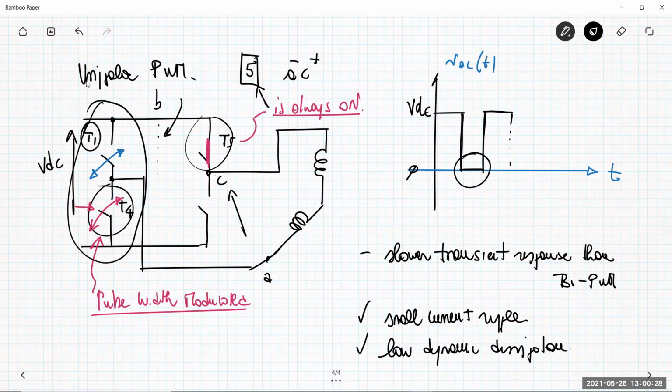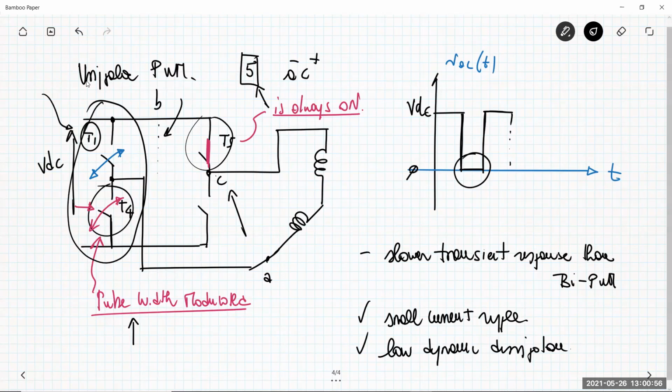the switches. For example, there is a situation in which, in my discussion here, I apply the pulse width modulation pattern to this transistor, then T1 is activated in a complementary way, and then I close T5. But there is also the opposite situation, in which I apply the pulse width modulation to T1, the high-side transistor, T4 is activated in a complementary way, and T5 is always closed.